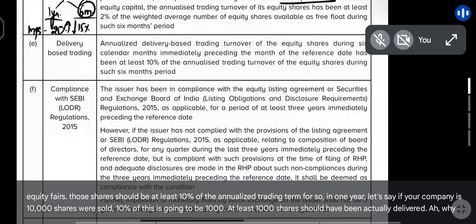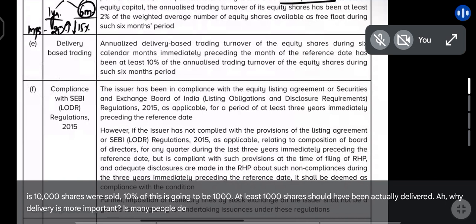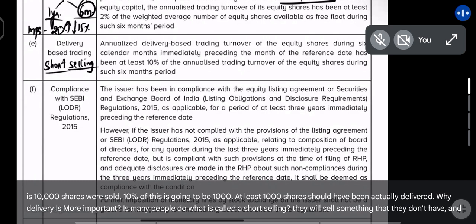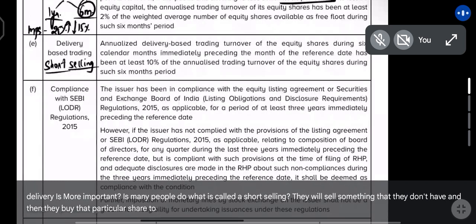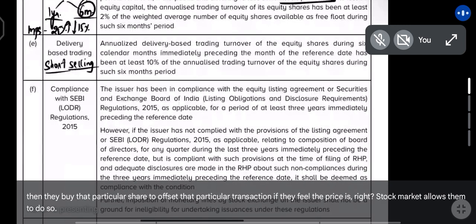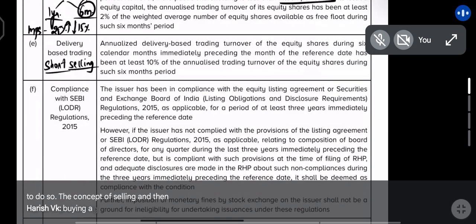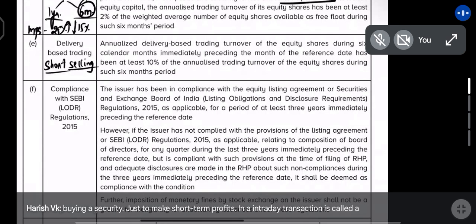Why delivery is more important is many people do what is called short selling. They will sell something that they don't have, and then they buy that particular share to offset that particular transaction. If they feel the price is right, stock market allows them to do so. The concept of selling and then buying a security just to make short-term profits in an intraday transaction is called short selling.